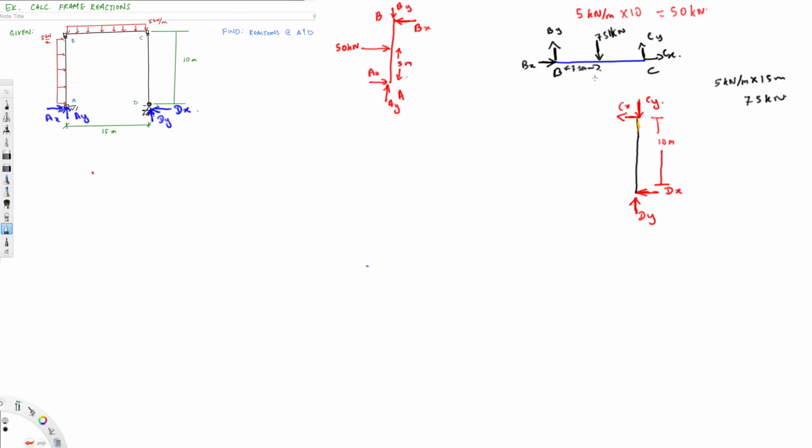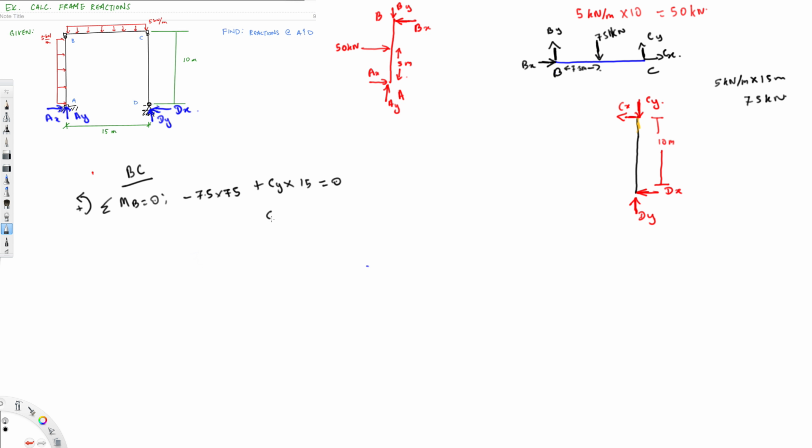Let's do this one. So I'm taking the BC component and taking moment around B. The moment around B is going to be 0 in statics, and if I take counterclockwise as positive, the 75 is acting clockwise, so it's going to be minus 7.5 times 75, and CY is acting counterclockwise, so it's going to be positive CY times the total distance of 15 meters, so CY times 15 equals 0.